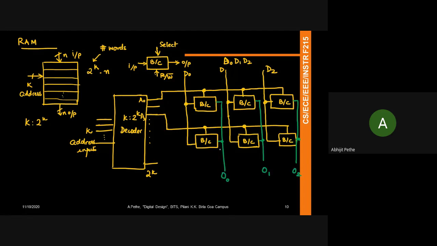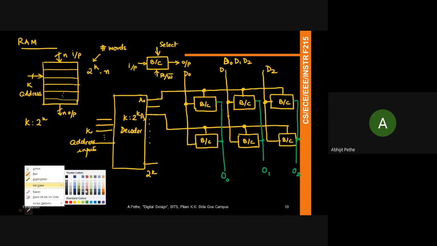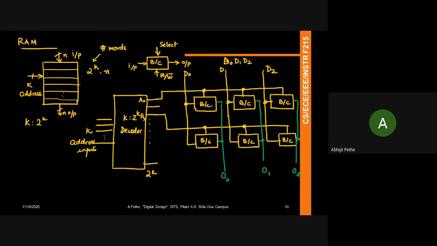And now how do I decide whether I have to look at the input or the output? I use my 3rd input, which is my read-write bar. I will have one common read-write bar signal, which is going to go to all the bit cells connected in the circuit, right?